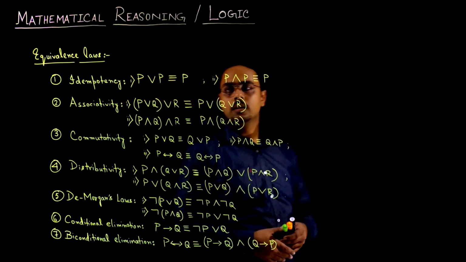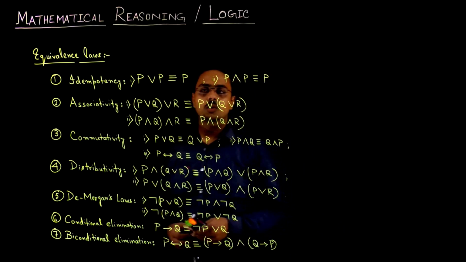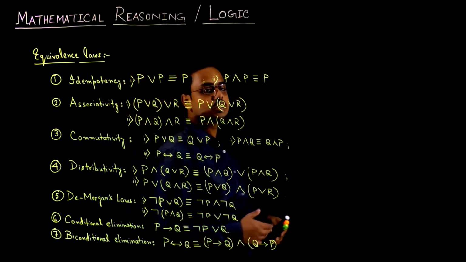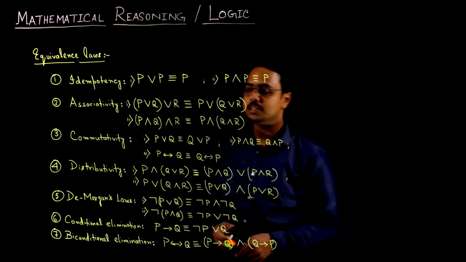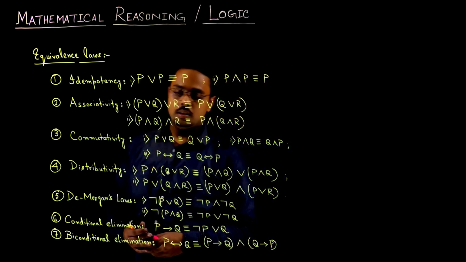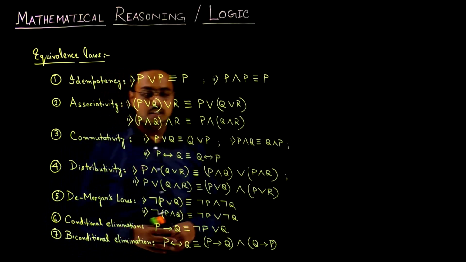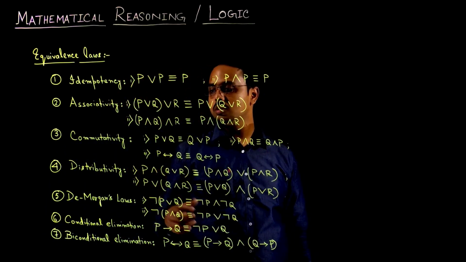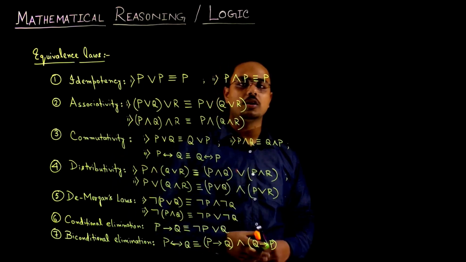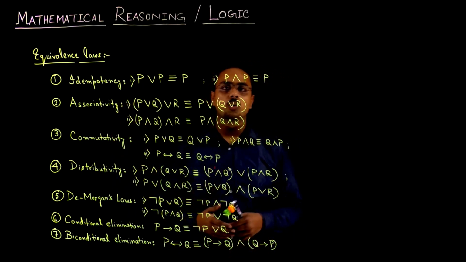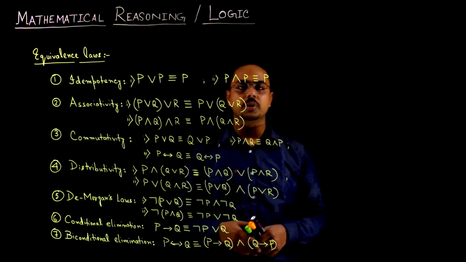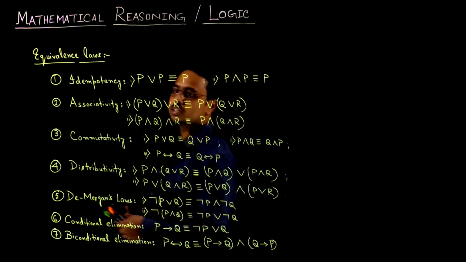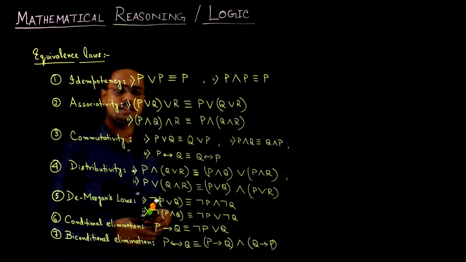Okay. So take a note of all these laws. This will be used in solving various questions in this chapter. Okay. As you can see here, De Morgan's law, the distributive law, and the above three laws look similar to what we have done in our set theory chapter. Okay. So you can relate those concepts with these reasoning concepts. Okay.